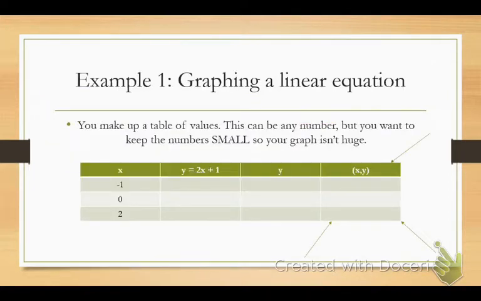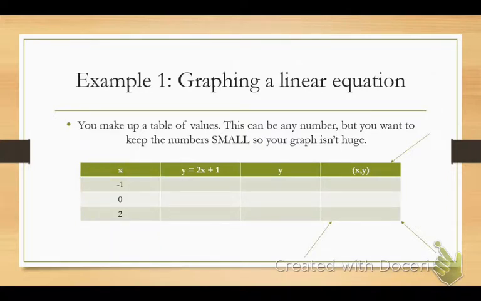All right, so in example 1, we are coming up with values to basically plug in to this function right here that you see. We know that it's a function because y is by itself on one side of the equation, so that's an important part to this. Now, look at some of the notes I made up here. This is really important when it comes to choosing which values you're going to graph with.